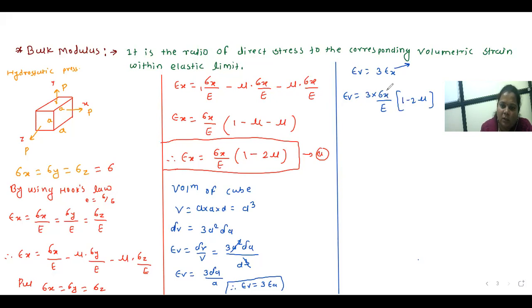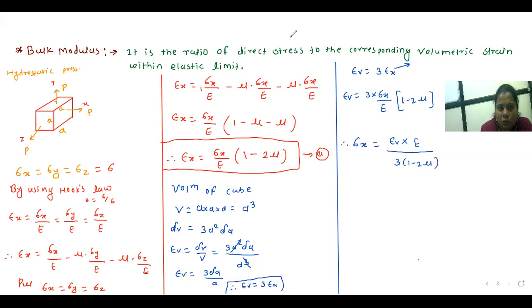Now we have to find the value of sigma x, so we rearrange this equation. We multiply by E and divide by 3 into 1 minus 2 mu. So sigma x is equal to epsilon V into E divided by 3 into 1 minus 2 mu.